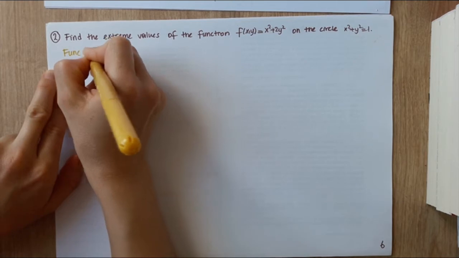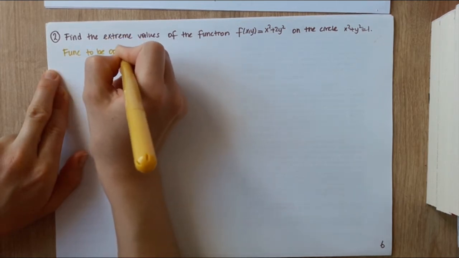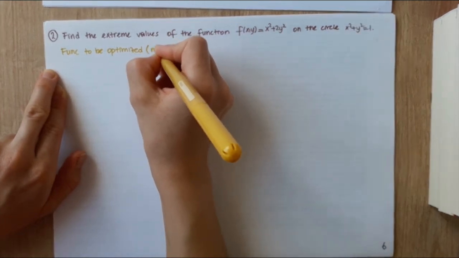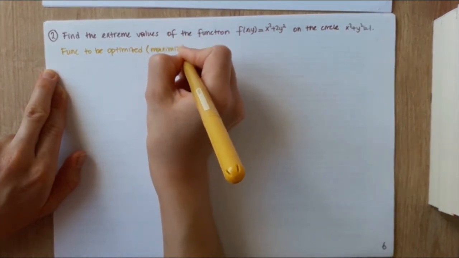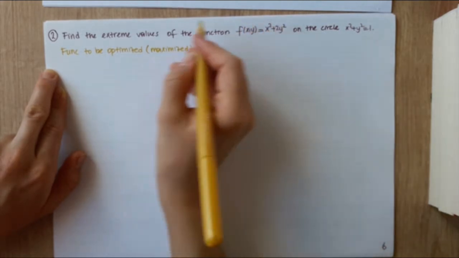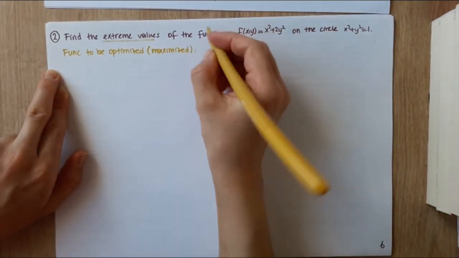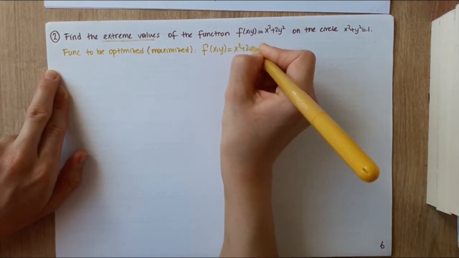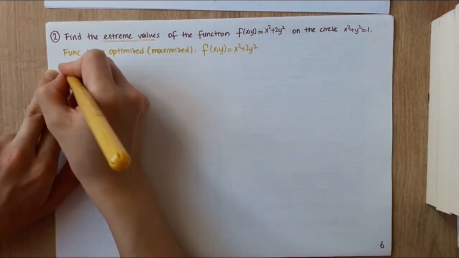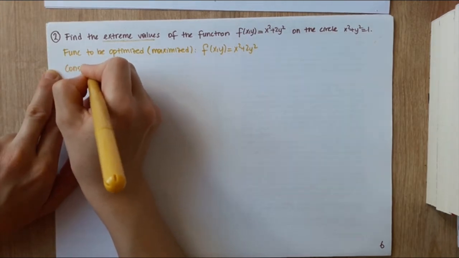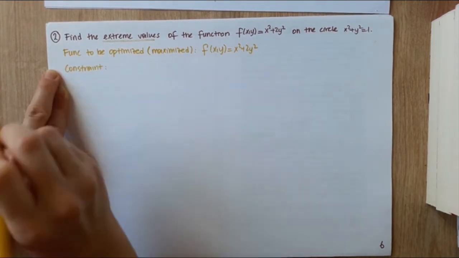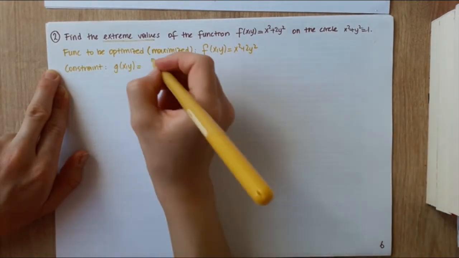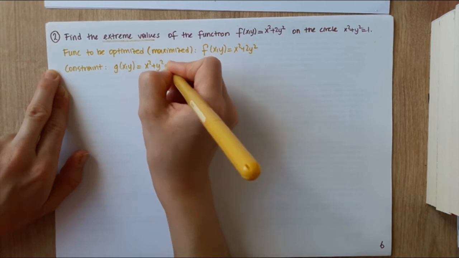In this case, we just want to maximize it. That function is f of xy equals x squared plus 2y squared, because we want to find its extreme values. And the constraint function is g of xy, which equals x squared plus y squared equals 1.